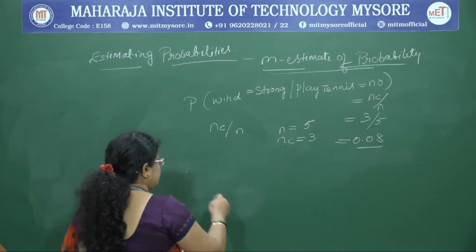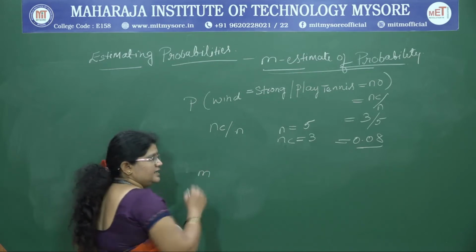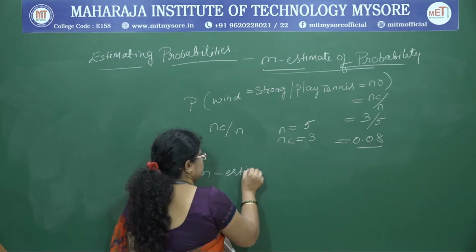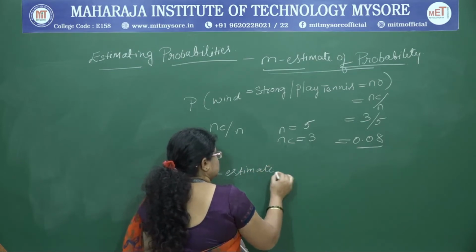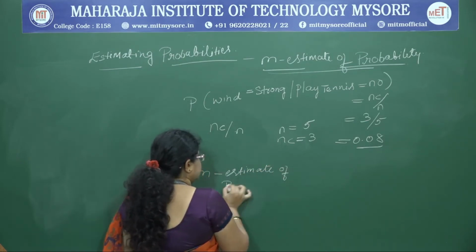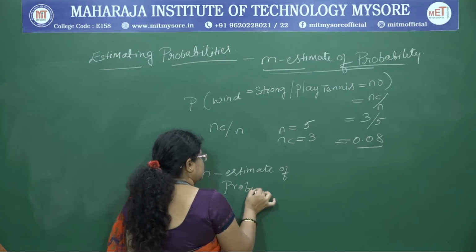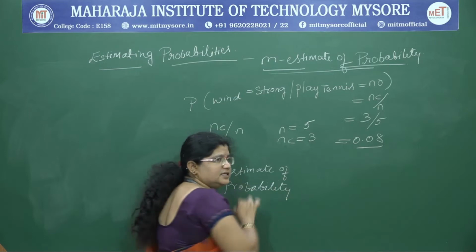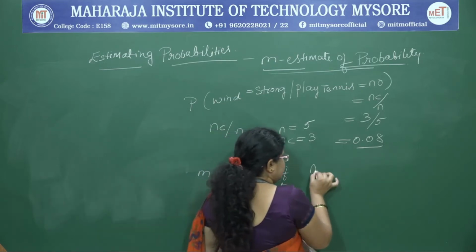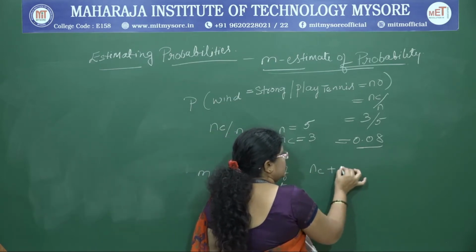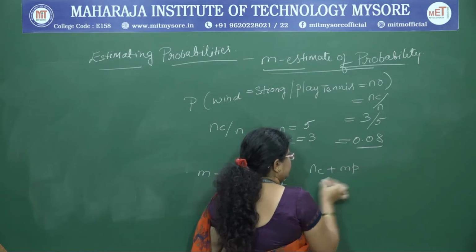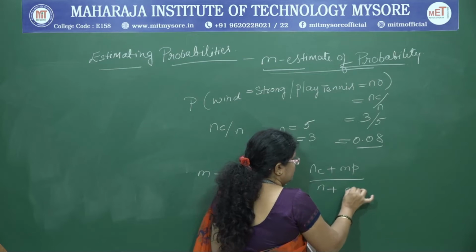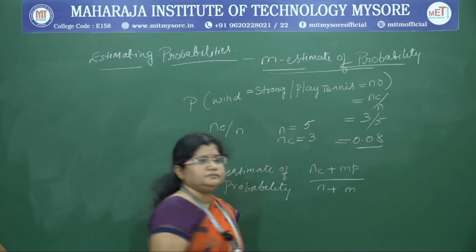That is, the M estimate of probability is given by NC plus m p divided by N plus m.